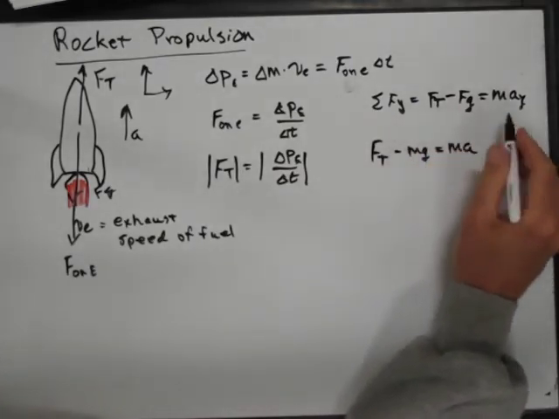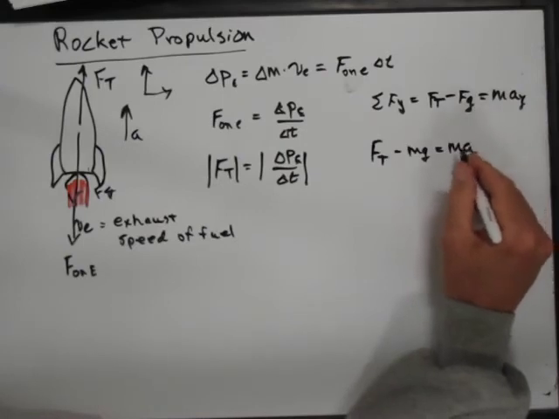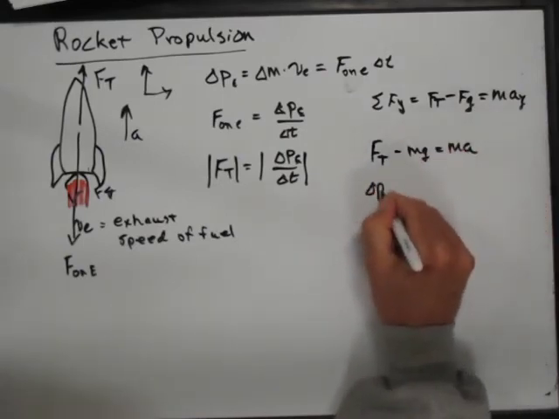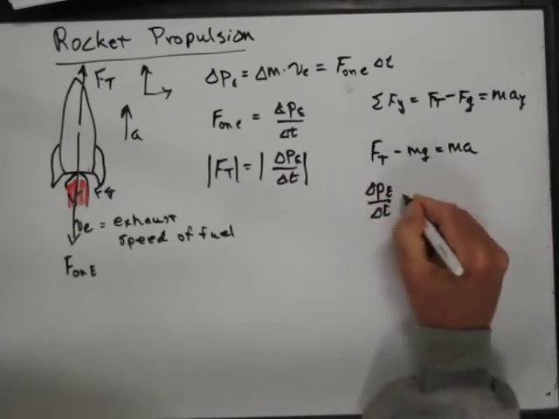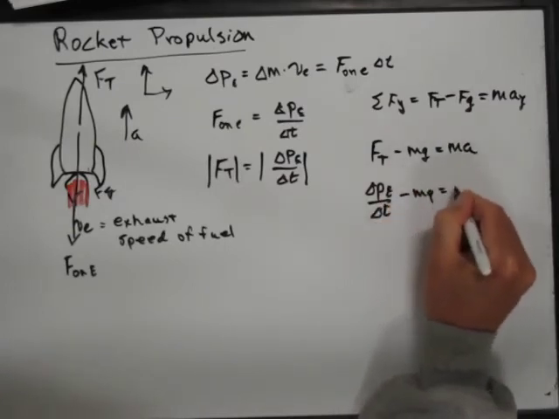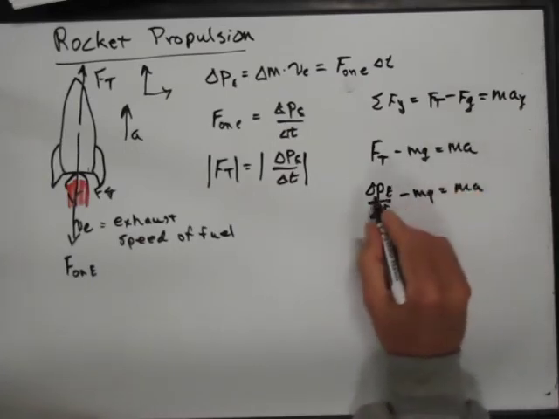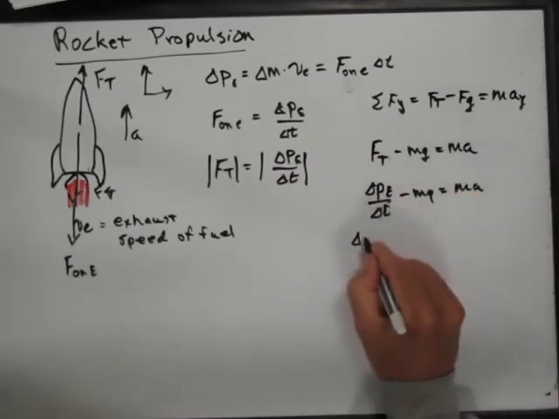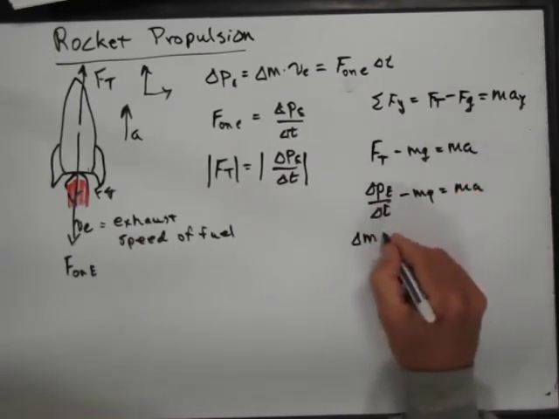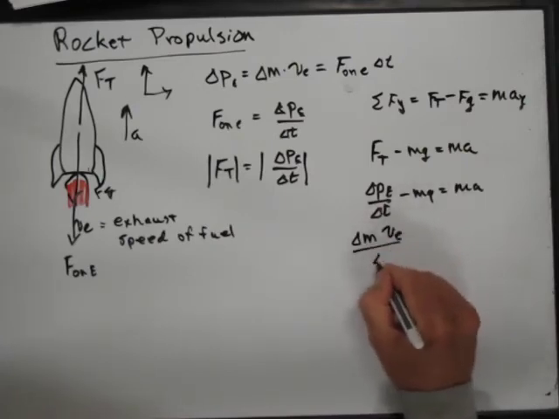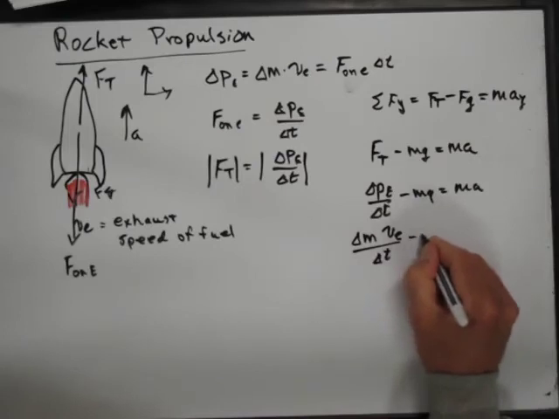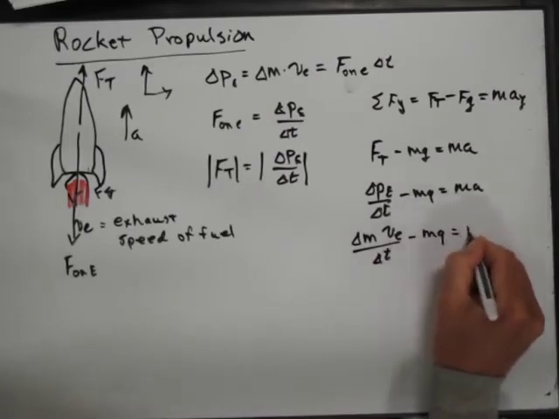I'm just going to call it a now, since that's all my acceleration is in the y direction. But this is just the change in momentum of the exhaust over the change in time, minus mg equals ma. And this is just delta m times the exhaust velocity over the time, minus mg equals ma.